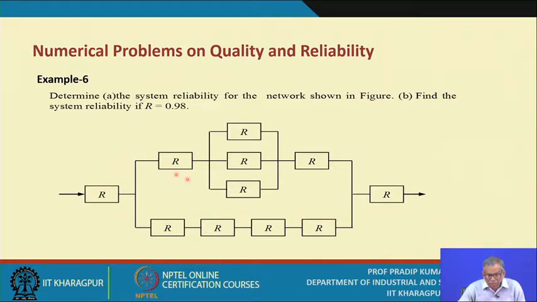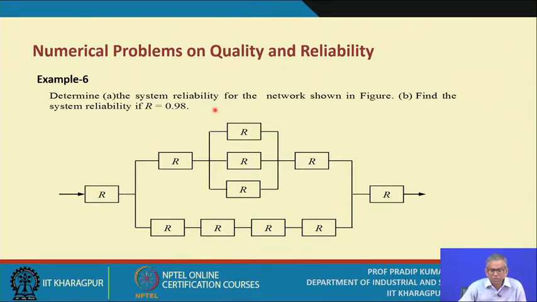These two subsystems are in parallel, and then this parallel subsystem is linked with one particular component over here and another component over here in series. So it's a typical example of a network indicating a combination of series and parallel structures.